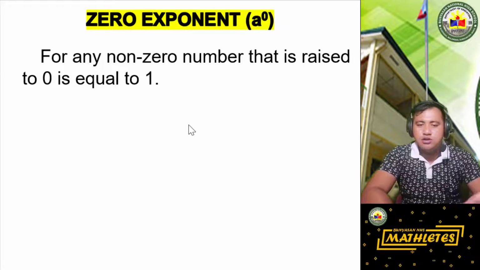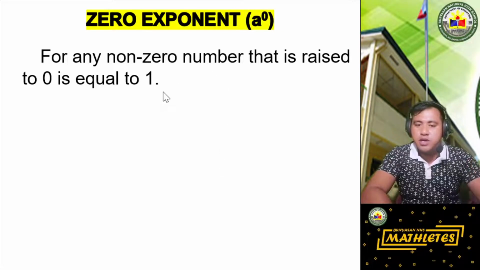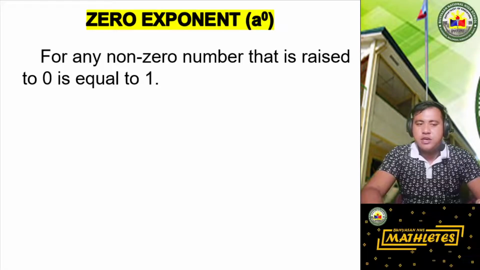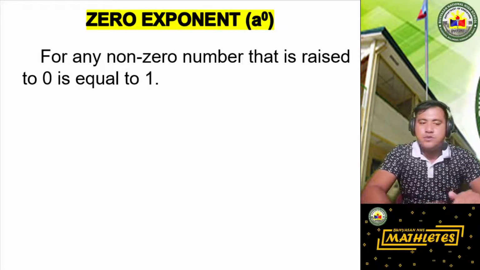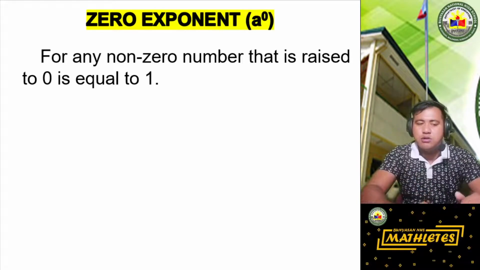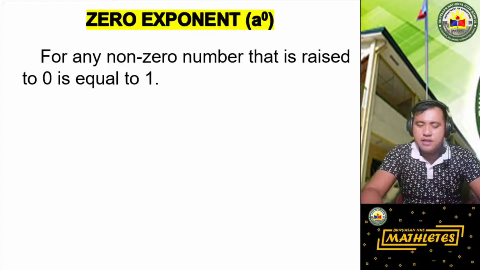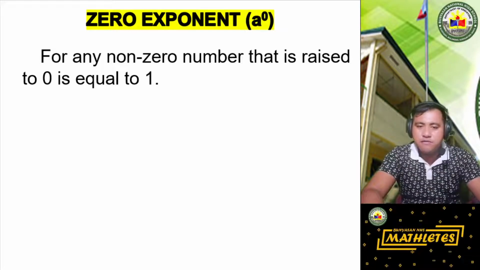Any number except 0, if the exponent is 0, will always be equal to 1. Except 0, because if 0 is raised to 0, it is not equal to 1. It is undefined. Undefined ang tawag.